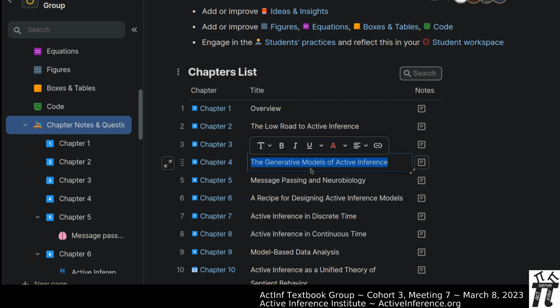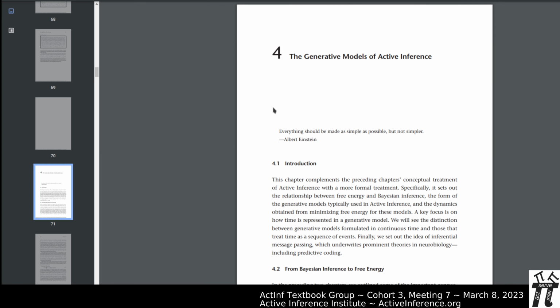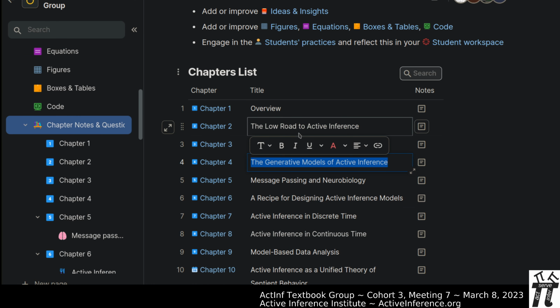Chapter 4 is the generative models of active inference. So this is going to be the heart of active inference after we've taken it from these two roads. The low road is the how with the Bayesian statistics, which doesn't have to be about adaptive, autopoietic, anything. Bayesian statistics could just be about the temperature.